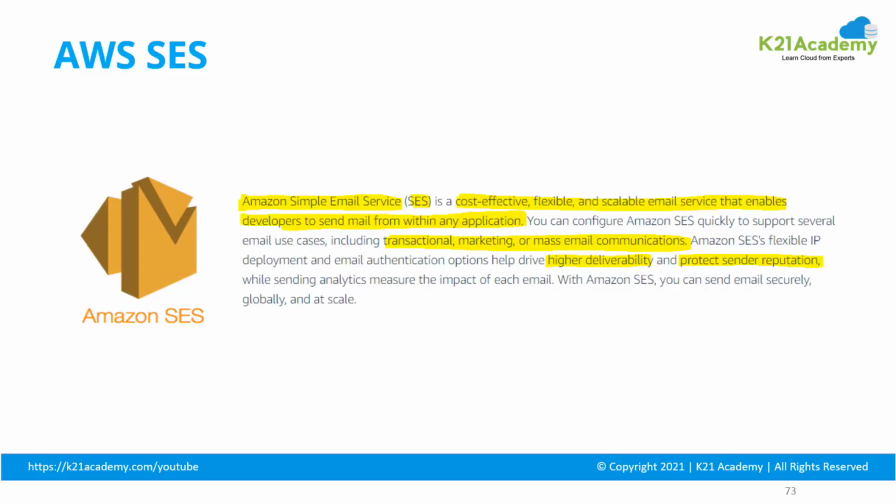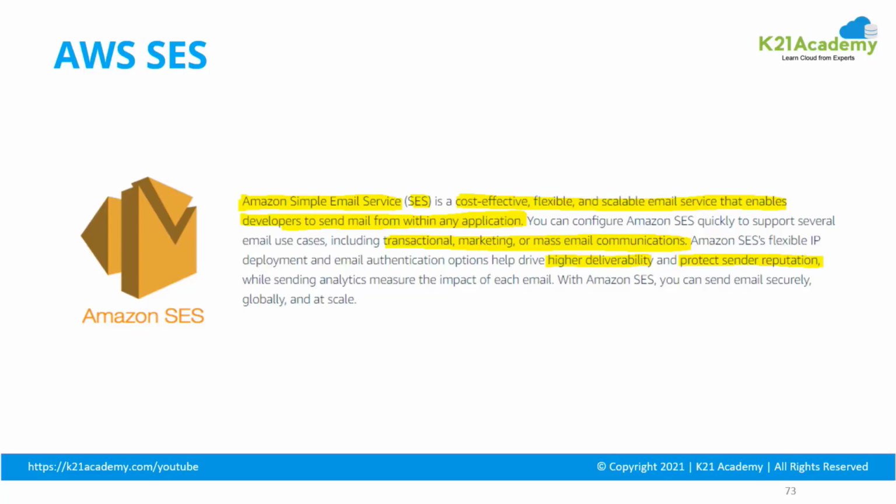Simple Email Service, SES, is a cost-effective, flexible, and scalable email service that helps developers send emails from within any application. It can be a transactional email, which means something happened and you want to inform the user about a transaction, maybe a server being provisioned or an application being deployed and so on. Or it could be a marketing message or mass email for communication. You can use Simple Email Service for that.